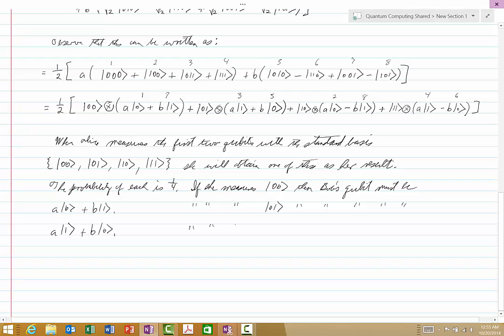If she measures 1,0, then Bob's qubit must be A0 minus B1.